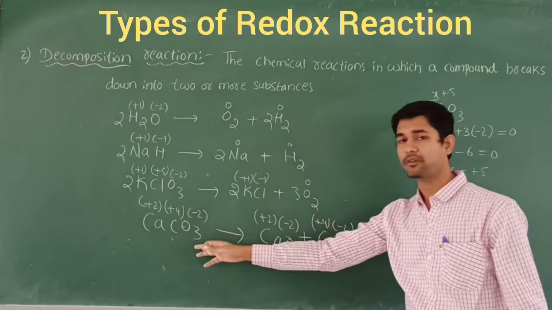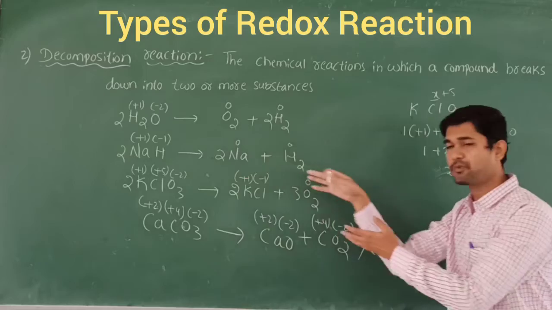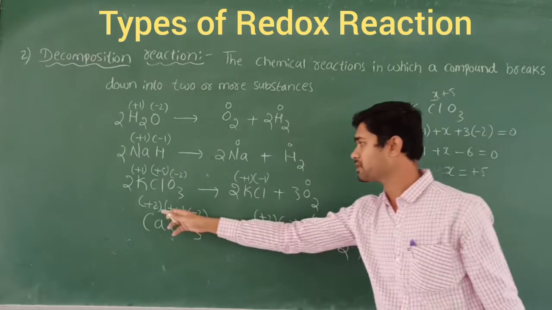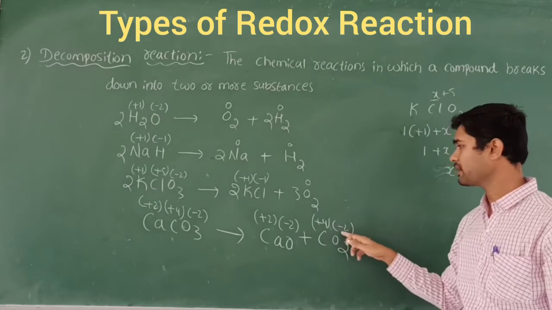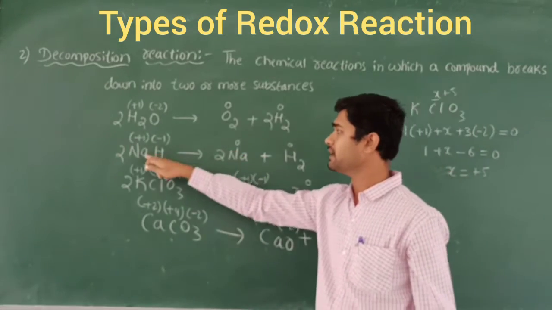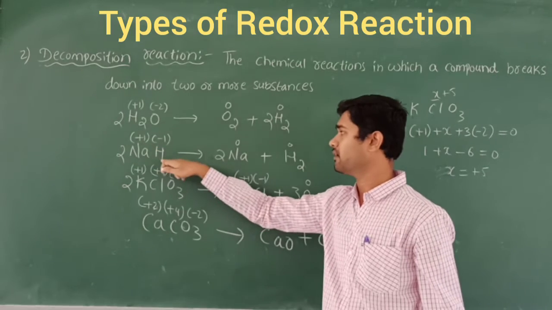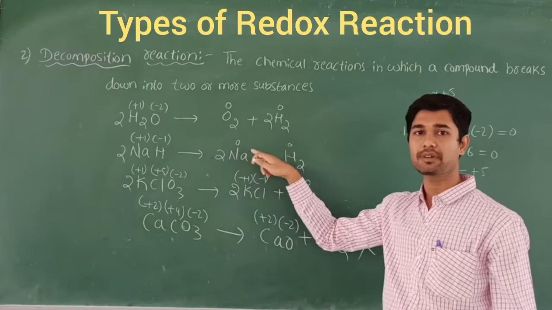But what about this calcium carbonate? When you look at the reactant as well as the product, all the oxidation numbers are the same: +2 and here +2, carbon +4 and carbon +4, oxygen -2, everything is same, right? But when you look at these other compounds, Na in this reactant is sodium +1, and here -1 will be there. What about the product? The oxidation number changes, right?